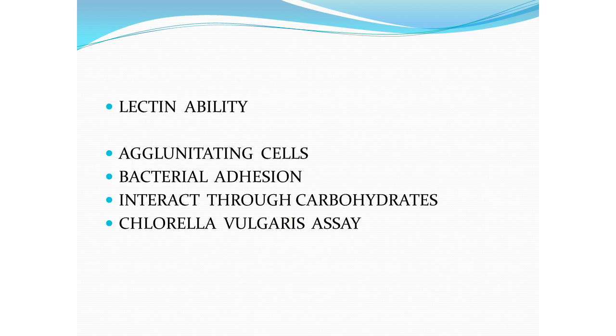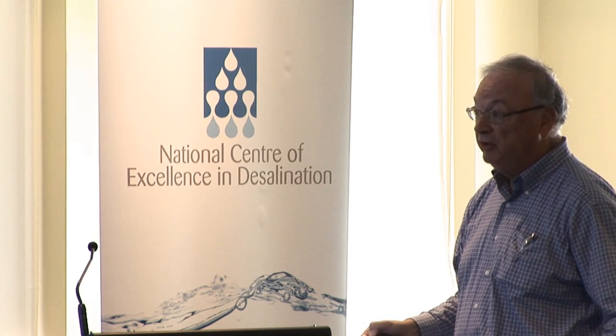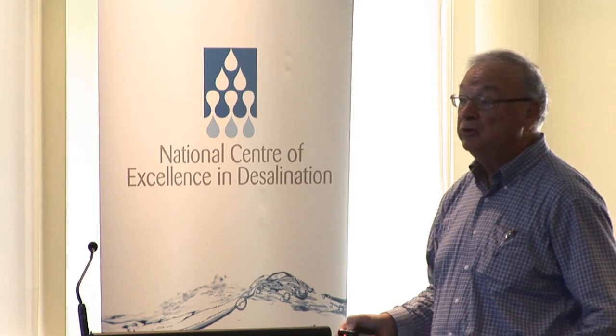Now, one of the things about these materials produced by the algae is they have lectin-like ability, which means that they can agglutinate cells, they enhance bacterial attachment, which is very important, they interact through the carbohydrates that are present, and you can use an assay with an algae called Chlorella vulgaris to measure.